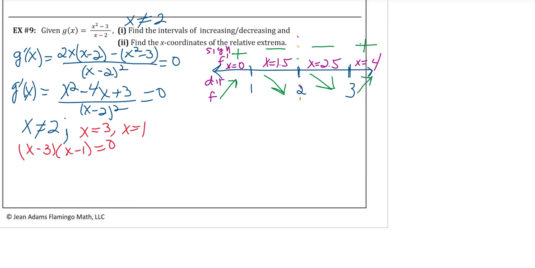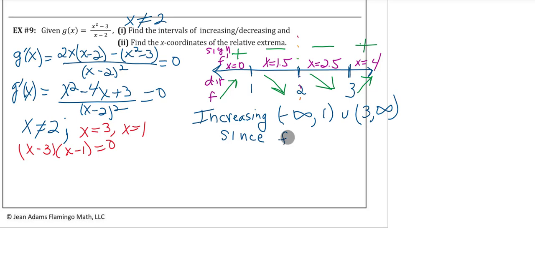Okay, so here are my solutions. I can say it's increasing from negative infinity to 1, and also from 3 to infinity, since g prime of x is positive, greater than 0. Oh, actually, this is g, not f.